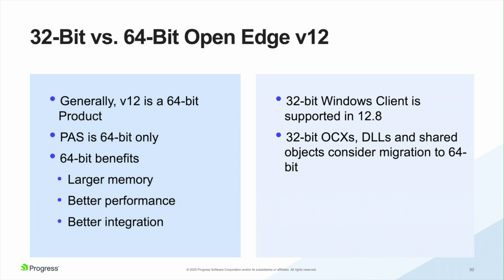OpenEdge 12 does support a 32-bit Windows client. So if you have 32-bit OCXs or controls that you're using, you can continue to use those for the GUI client. But everything else, the PAS platform, the database, everything else is basically 64-bit. So if you had some kind of back-end 32-bit dependency, that has to be looked at. An alternate solution has to be found that is not 32-bit dependent.